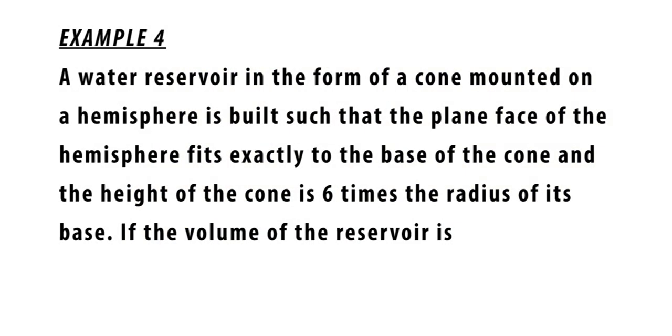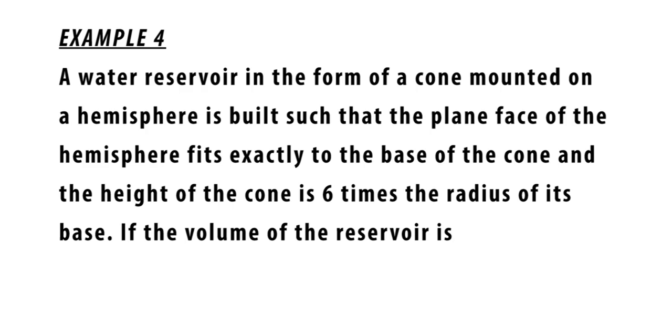A water reservoir in the form of a cone mounted on a hemisphere is built such that the plane face of the hemisphere fits exactly to the base of the cone, and the height of the cone is 6 times the radius of the base.